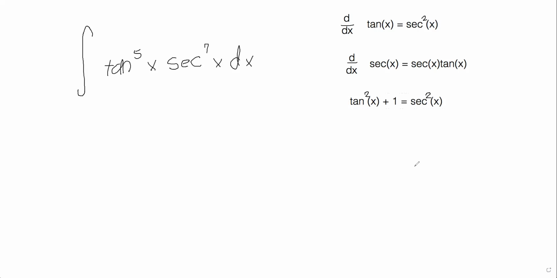So let's think about this. We could try manipulating this and making one of the terms secant and tangent. Let's see if we can factor out a secant of x and a tangent of x from everything. If we take out a tangent, we're going to have a tangent to the 4th power. If we take out a secant, we're going to have a secant to the 6th power.